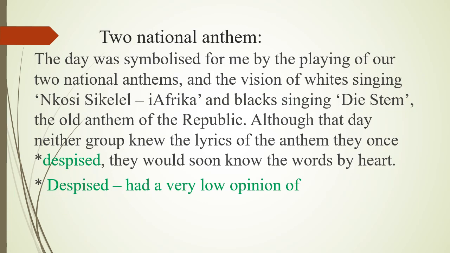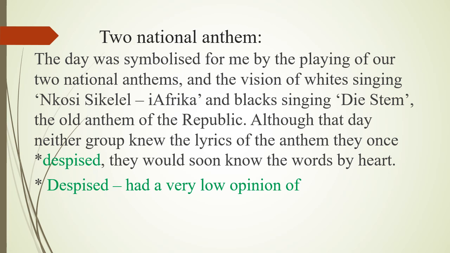In this passage, you can see that the day was symbolized for the author by the playing of two national anthems. The whites sang Nkosi Sikelel' iAfrika, and the blacks sang Die Stem. These formed the old anthems of the Republic.